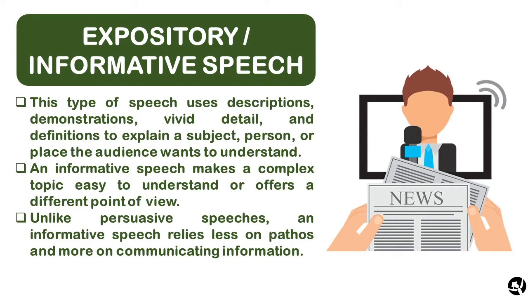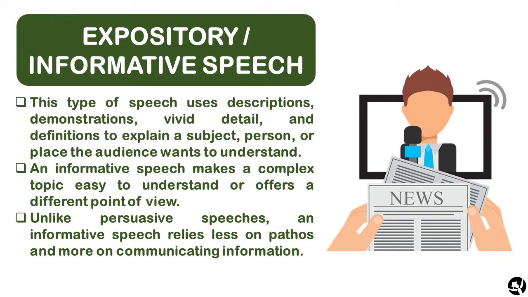Expository or informative speech. An informative speech intends to educate the audience on a particular topic. There are many different types of informative speeches. Such include speeches that describe the conditions of a subject and speeches that instruct the audience on how to perform an action. The main goal of an informative speech is to provide enlightenment regarding a specific topic the audience knows nothing about.